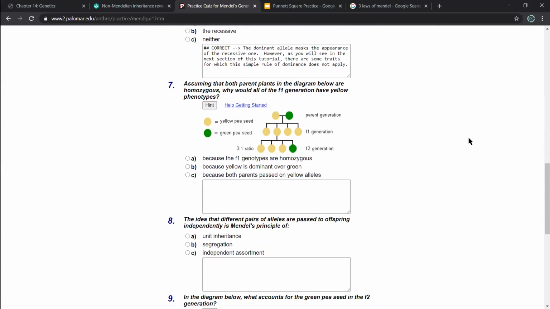Next question, assuming that both parents in the diagram below are homozygous, why would all of the F1 generation have yellow phenotypes?